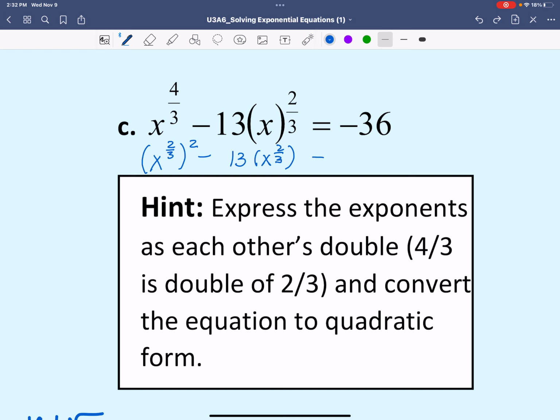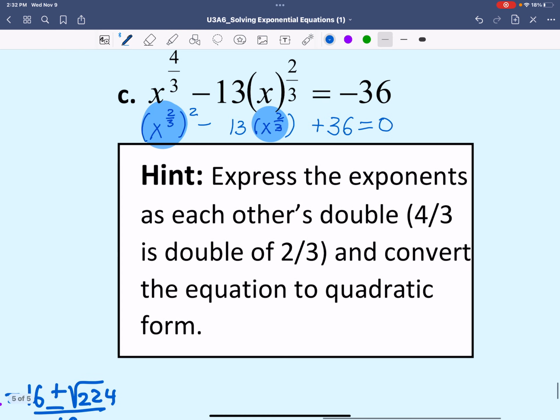Now, notice that this is shaping into a quadratic equation. So you have something squared minus a coefficient times that something plus 36, right? So we have just created a quadratic equation, which we are about to solve.